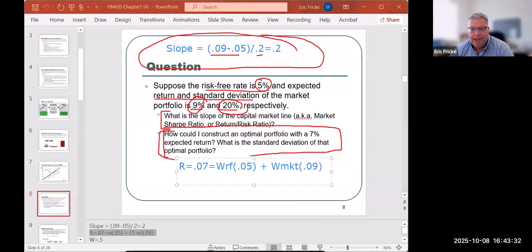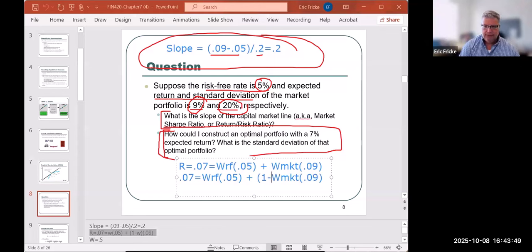But we do know that the sum of those two W's always has to be 1. So we could say that the weight of the market has to be 1 minus the weight on the risk-free asset.